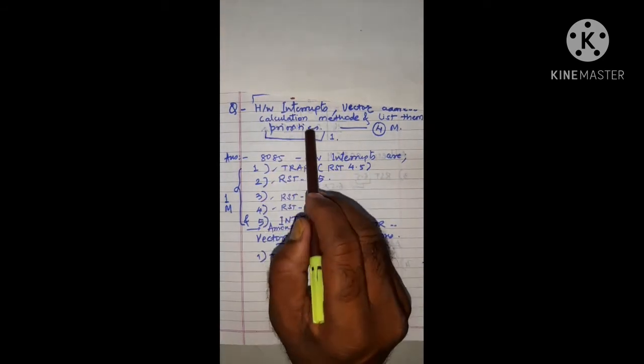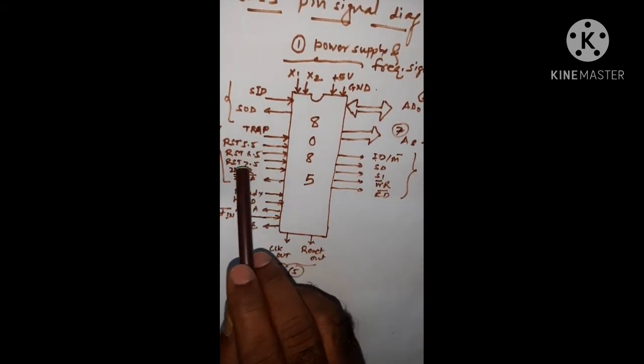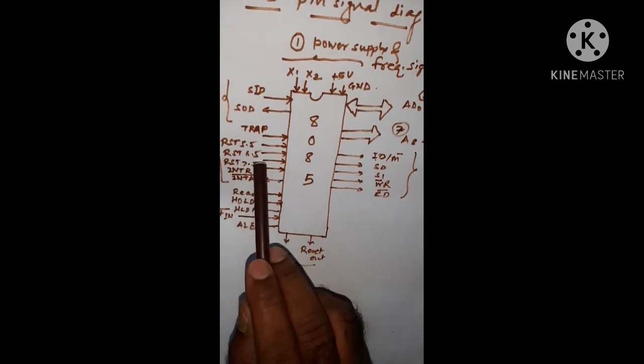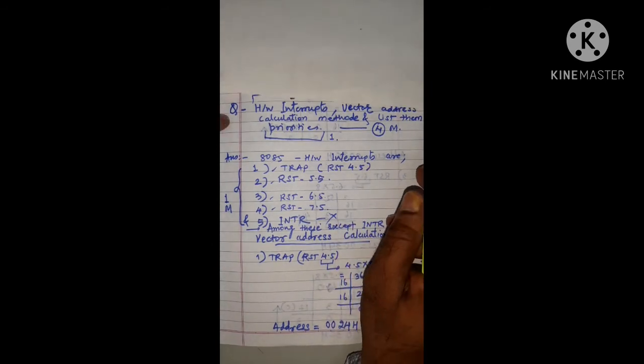Which are the hardware interrupts? It is mentioned here. Hardware interrupts are TRAP, RST 5.5, 6.5, 7.5, and INTR. These hardware interrupts have their own vector addresses and their priorities to be written.